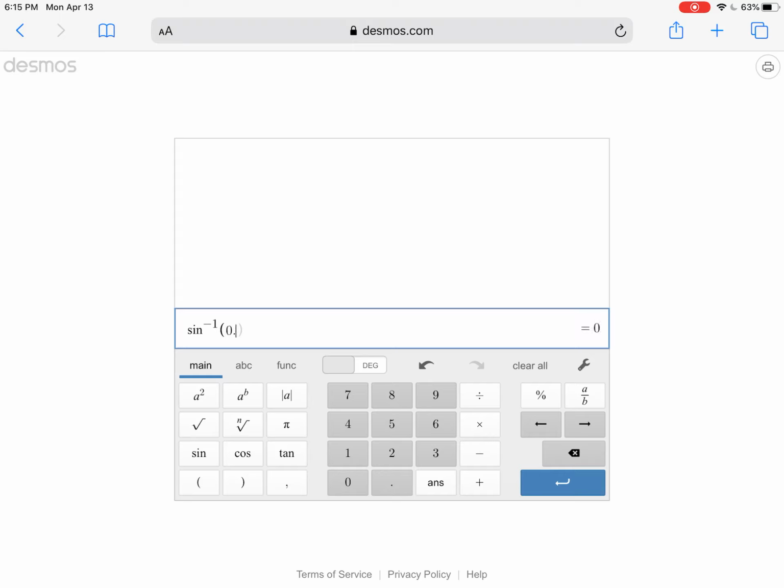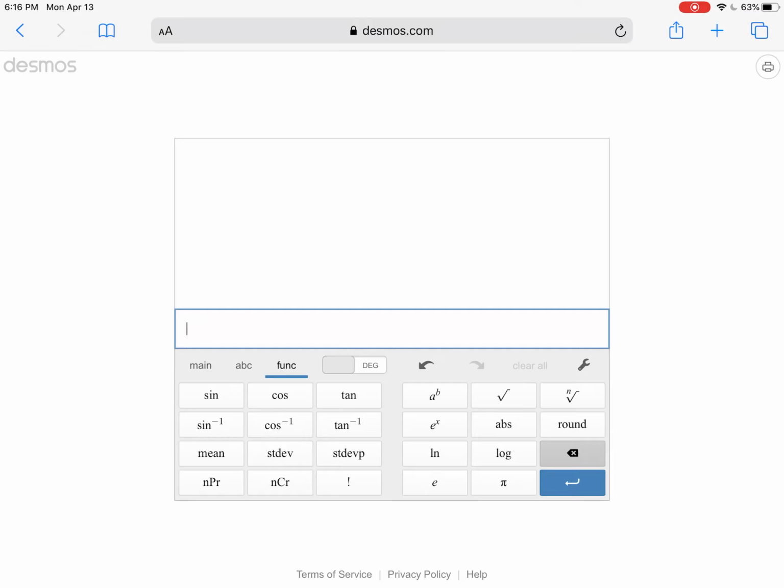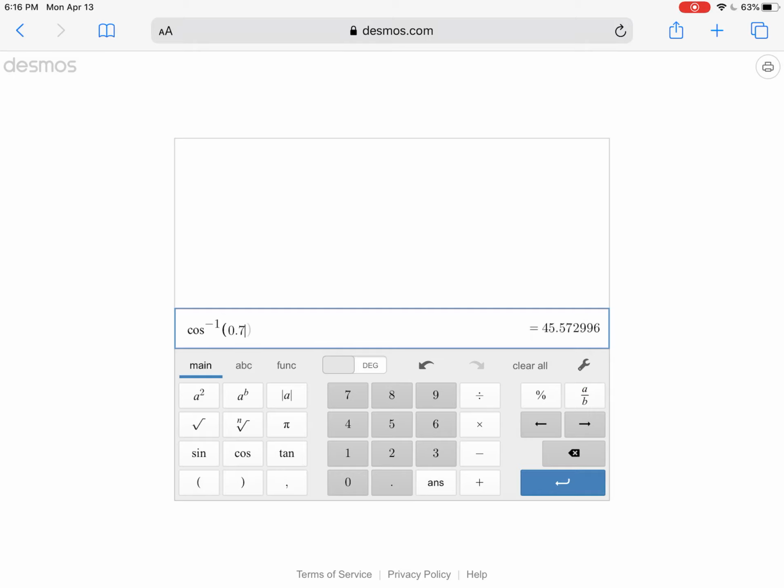And we'll go with 0.75. 0.75, the inverse sine of that is going to be 48.590, rounded to the nearest thousandth. All right, now let's try to do the inverse cosine of 0.75. What do you get for the inverse cosine? Go back to that function tab. So inverse of cosine of 0.75 is 41.40.